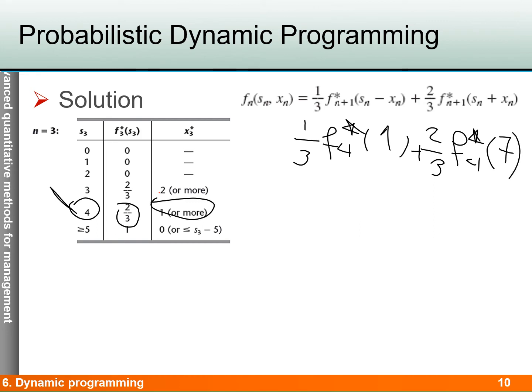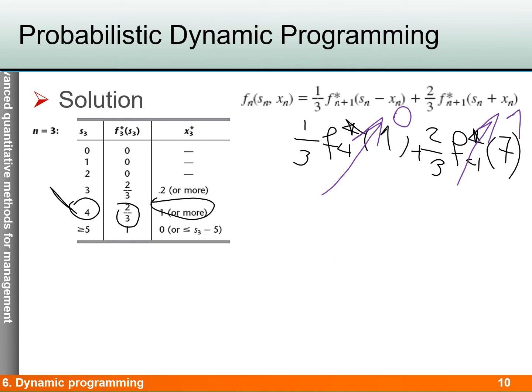So based on what we learned before, if S star is less than 5 it is 0, and if S star, that is 7 here, is greater than or equal to 5 it is 1. So 2/3 is the result of this part.